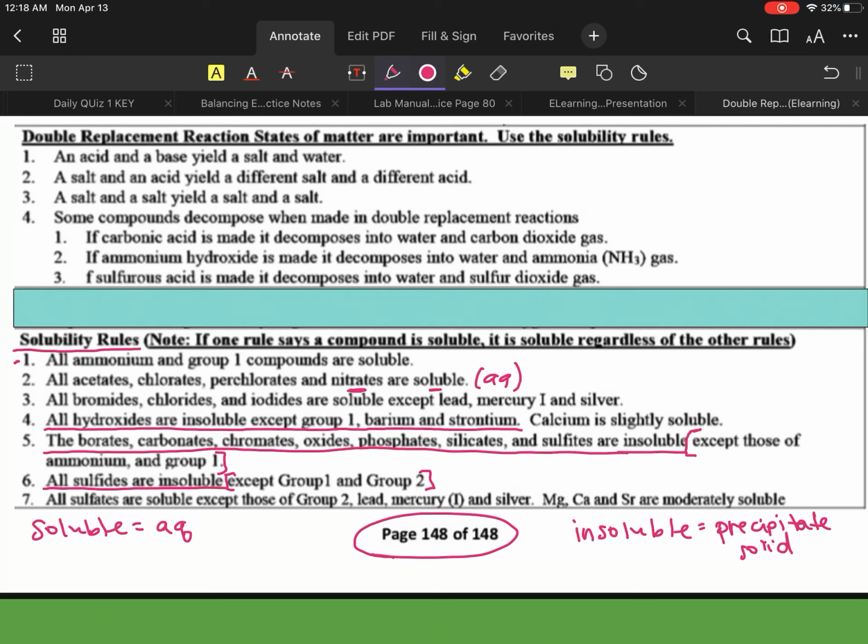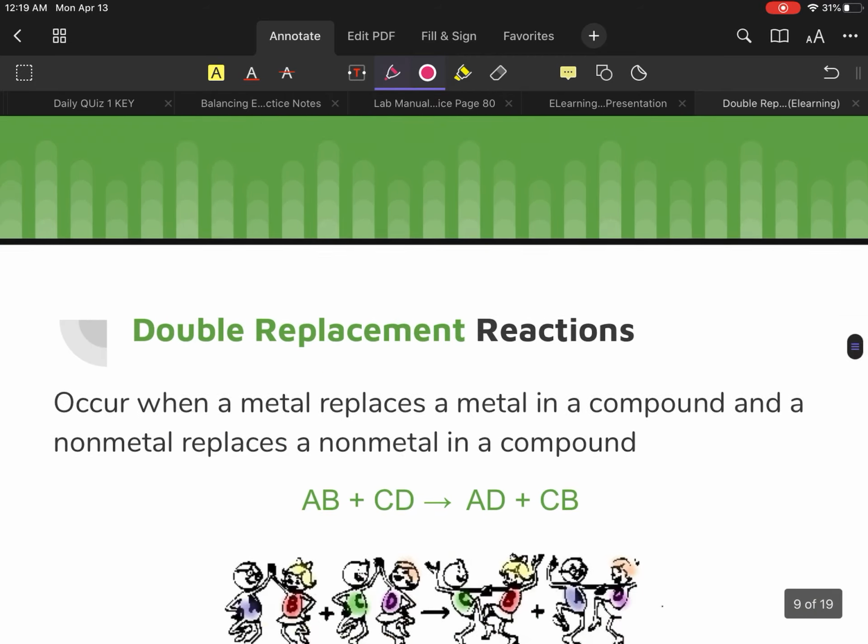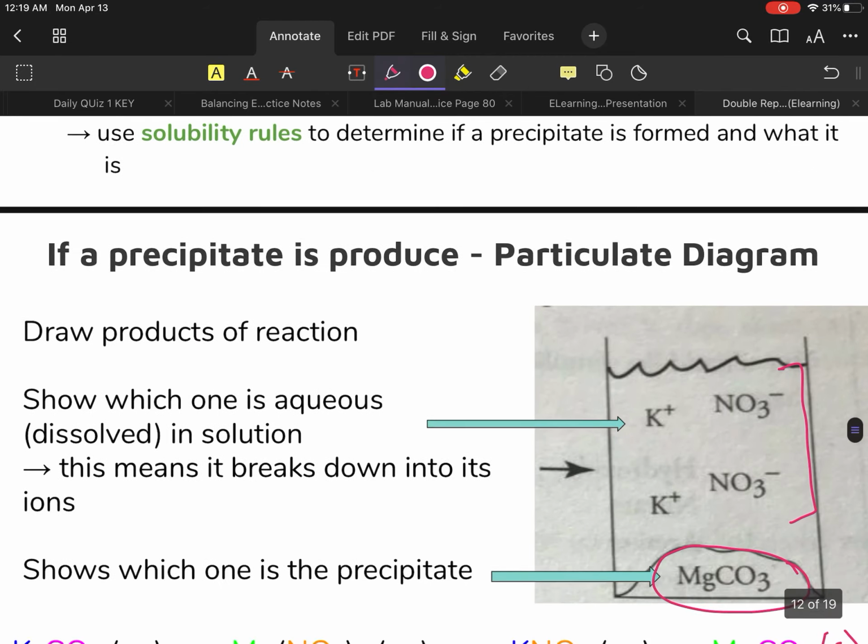So if I look, number 3 says bromides, chlorides, iodides are soluble except, right, lead. So since I have a lead iodide, that actually means it's not going to be soluble. It'll be insoluble.